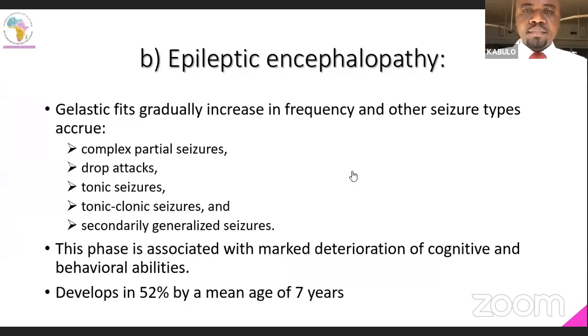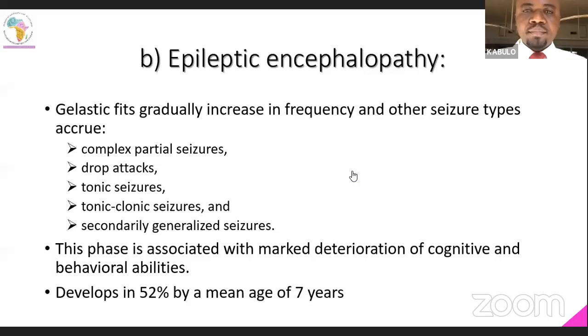Then other types of seizures can also occur, like complex partial seizures, tonic-clonic seizures, secondarily generalized seizures, and what are called drop attacks. The drop attacks are sudden falls without loss of consciousness that are not precipitated by a specific stimulus. Usually they occur with abrupt onset and without warning sign, and they are followed by a rapid return to baseline. That's how they come to be called drop seizures.